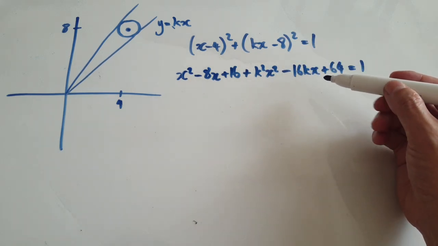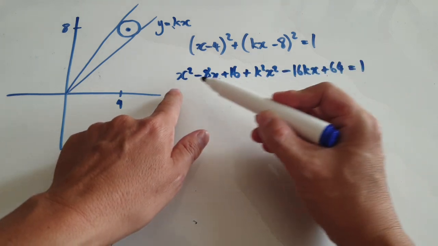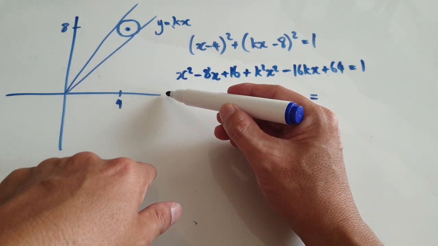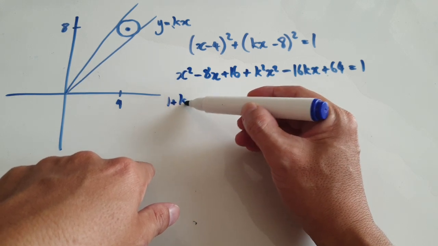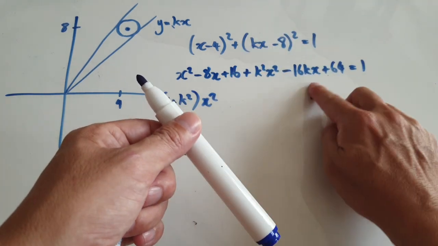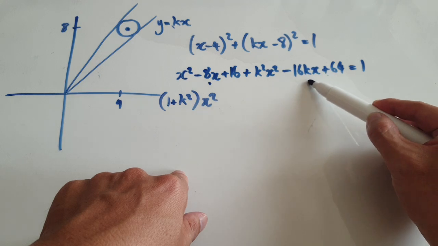Well, tidy this up. You've got x squared here, x squared here. So that will be (1 plus k squared) x squared. And then if you look at the x terms, this here is x, this here is x.